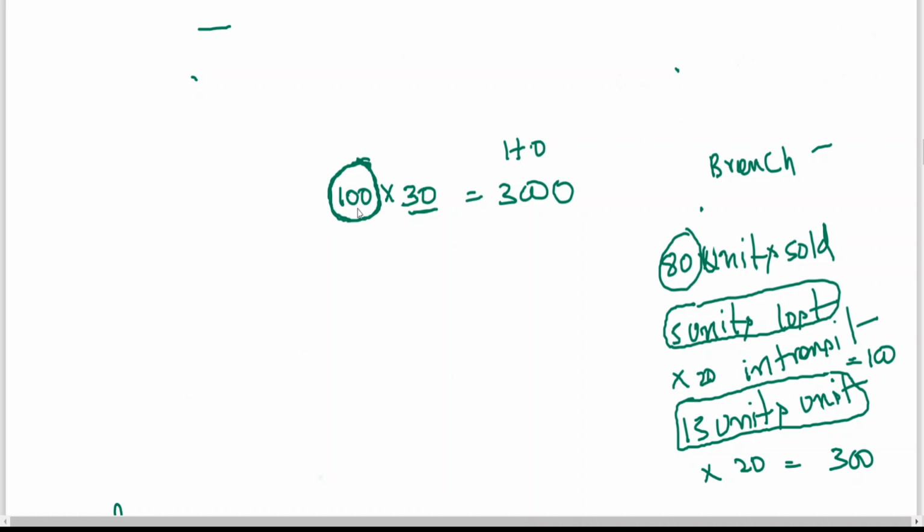Profit on those 100 units dispatched to the branch has been assumed by head office as sold, but in practice they have sold only 80 units. So what is unsold? 20. Be it goods lost in transit, goods lost by fire, or goods physically in the premises of the branch, it doesn't matter, because they have taken 100. Actually profit has to be counted for 80. So 5 units plus 15 units, 20 units. On 20 units you should calculate unrealized profit.